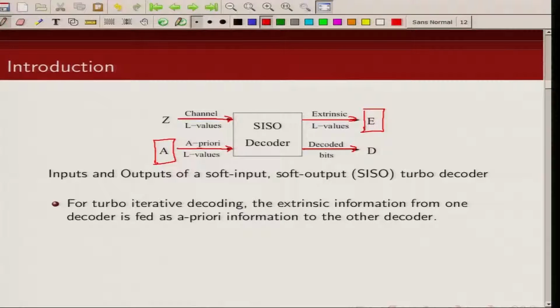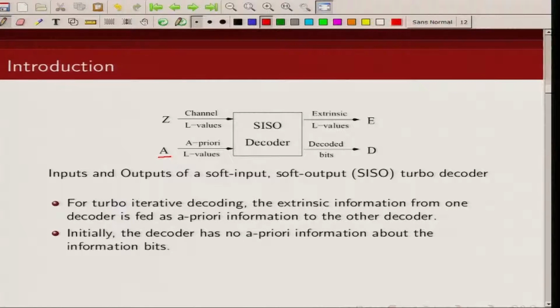The channel L values remain the same for a fixed signal to noise ratio. For a received bit, the channel L value remains the same. Only these two quantities, the a priori value and the extrinsic value, change with iteration. So if we can track with iteration how our extrinsic information is growing with this a priori information, that will give us some clue about the performance of turbo code in the waterfall region.